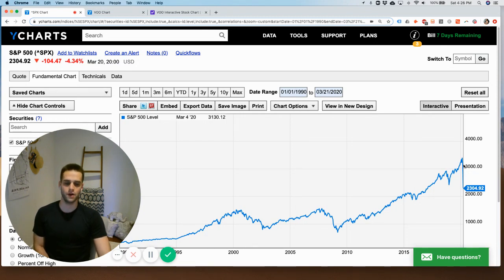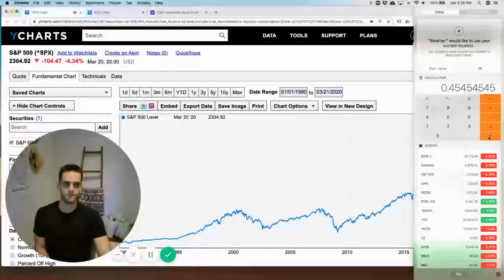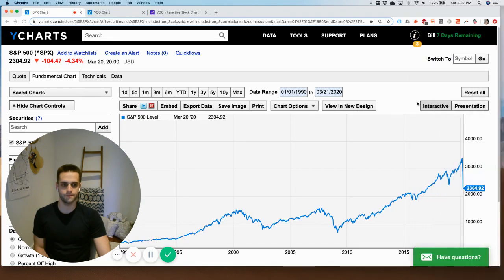If you would have invested $100,000 here in 2009, you would have almost 5x your money in today's day and age. So that's about 10 years, 11 months. So 5x your money divided by 11 years, so 45% growth a year.